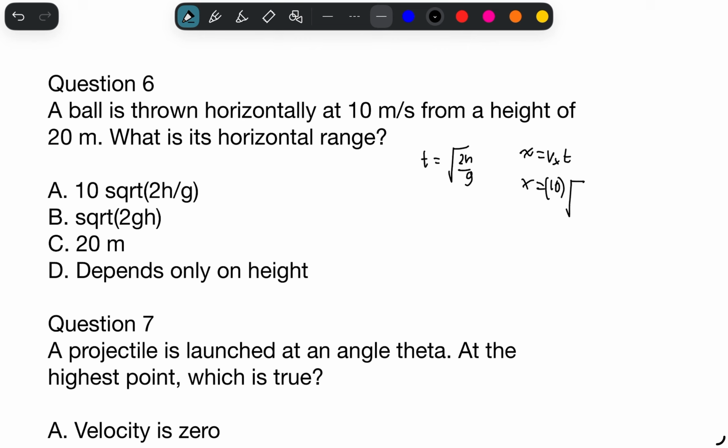And our time is equal to that root of 2h over g that we have right here. Now, this is our expression, that's A. So range is equal to the horizontal velocity times the time of flight. That is your range that you traveled.